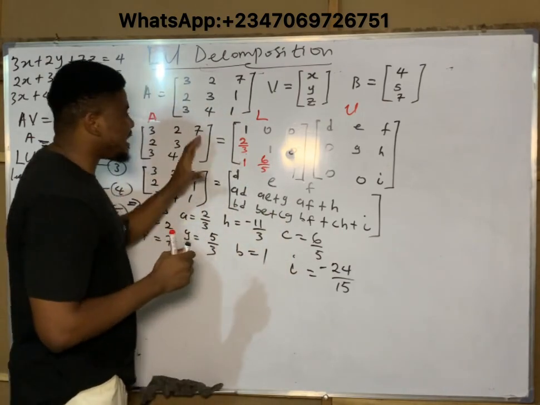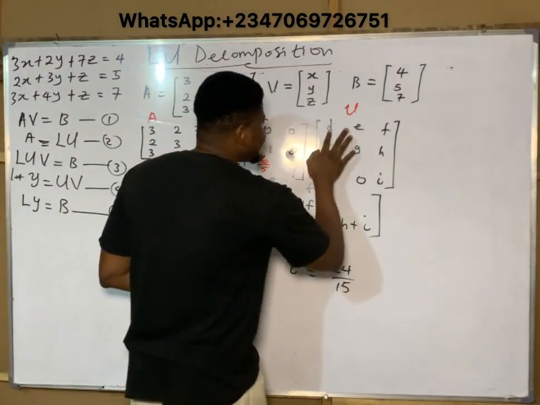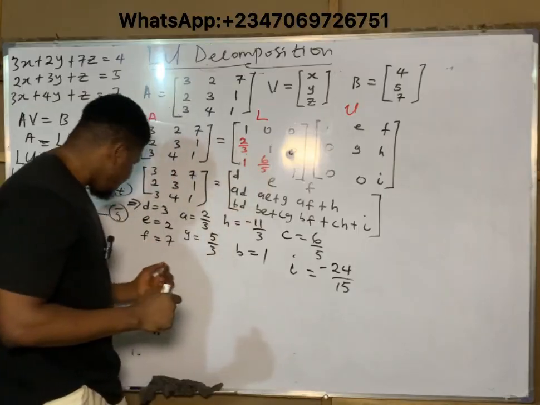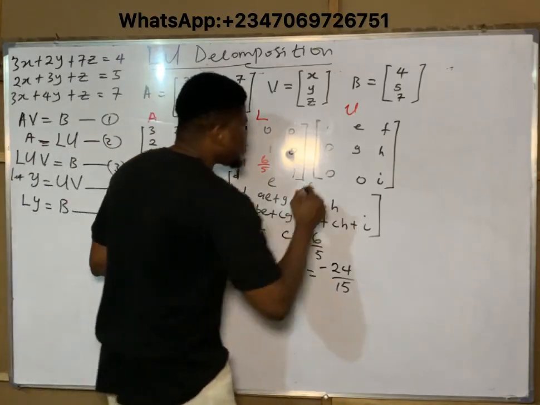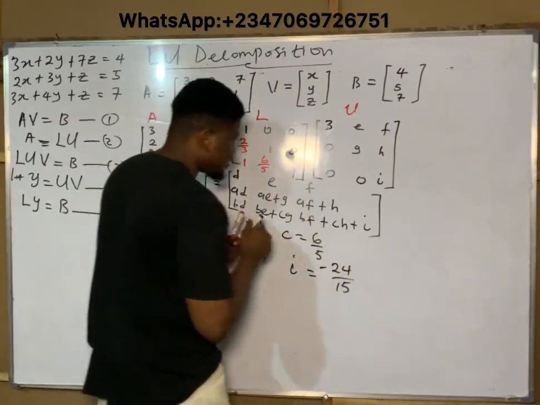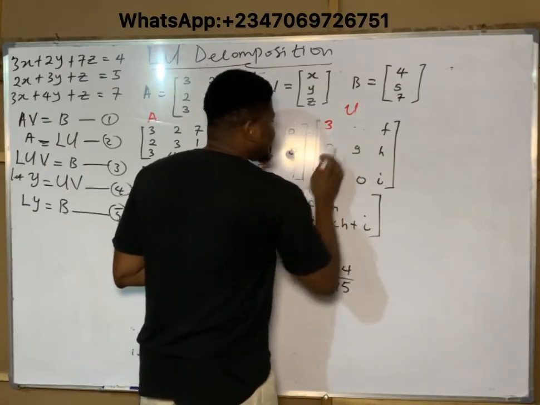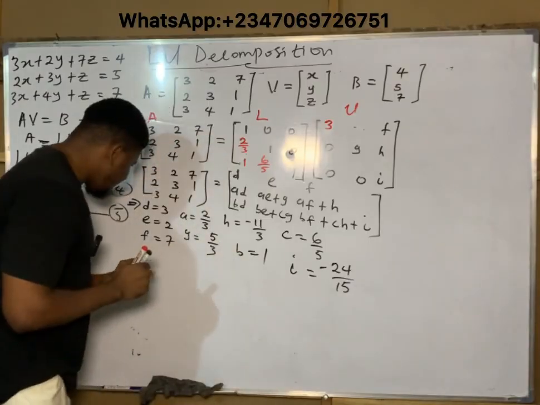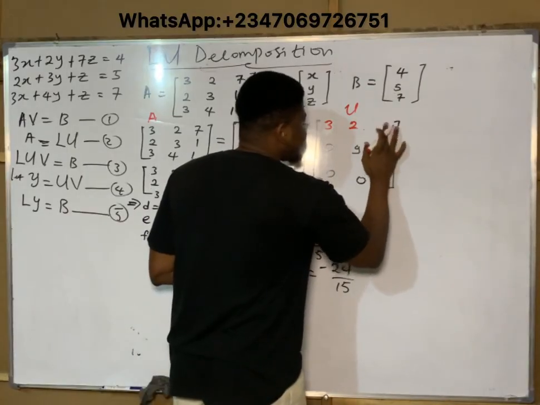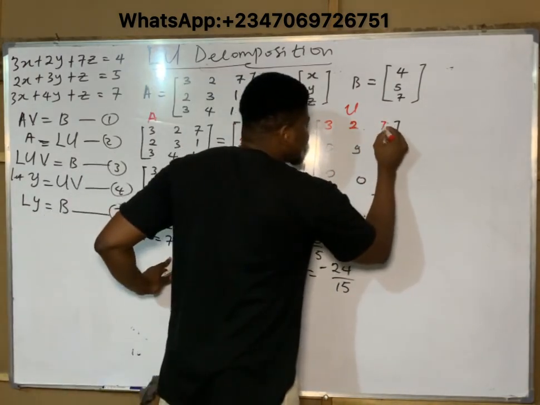So now we know the elements in the lower matrix. We move to the upper matrix. I have D here. D gave me 3. So we have here to be 3. I have E next. E gave me 2. So I have here to be 2. And then F. F gave me 7. I have here to be 7.